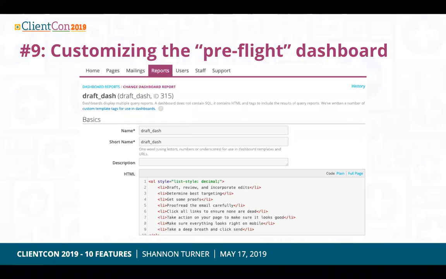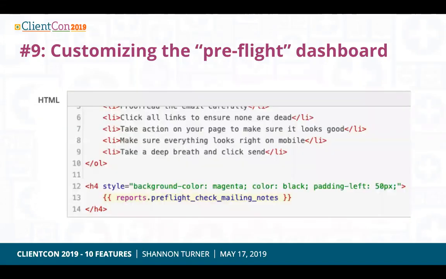Now, like before, this is just a dashboard report in ActionKit called Draft Dash. Zooming in a bit, we can see that this dashboard is made up of HTML code and refers to existing reports. This is the same process for how you'd customize the Your Progress dashboard.